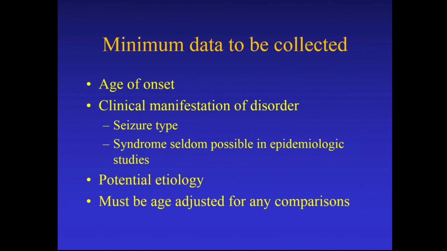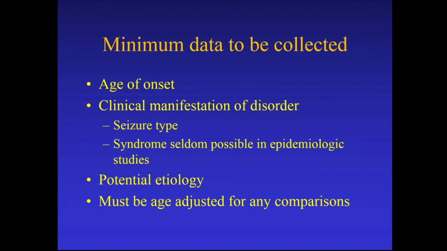Minimum data set to be collected for epidemiologic studies. Age of onset is important. The clinical manifestations by seizure type, syndrome, if possible, but it's seldom possible in epidemiologic studies. First, if one's doing an incidence study, it's frequently difficult to identify the syndrome with just a few seizures.